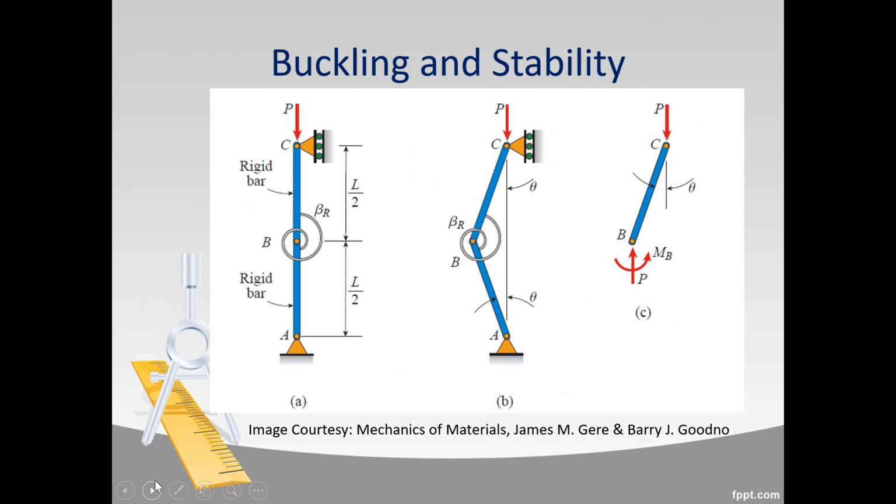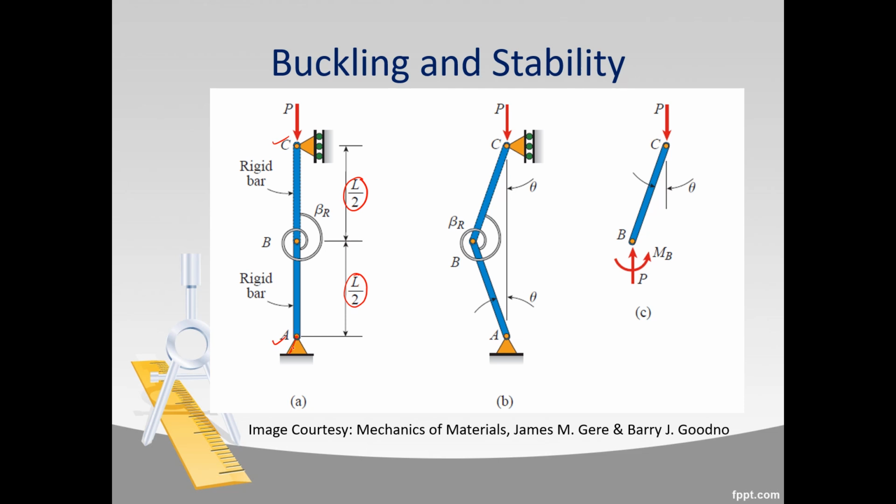Now you can see here, we have an idealized column placed here. First, let us talk about this image, what is happening here. We have a column here, AC, and this AC is composed of two parts, AB and BC, the length of which is L by 2 and L by 2. So the length of both parts AB and BC is L by 2.